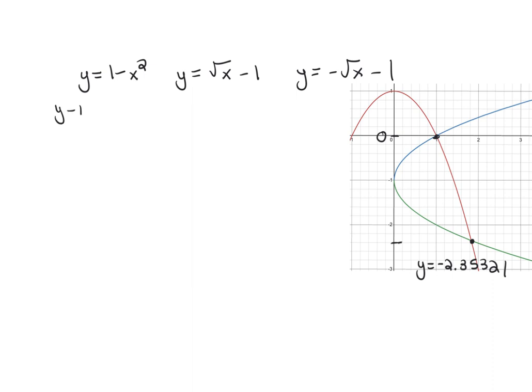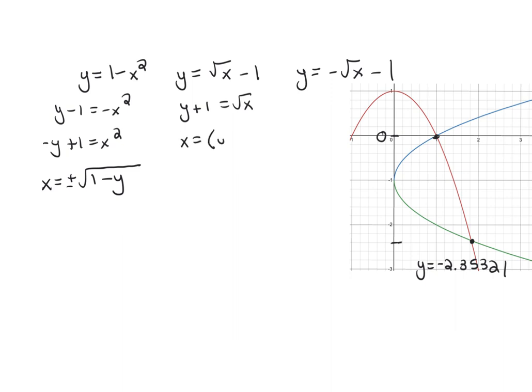Okay, so now let's go solve these for x. So y minus 1 equals negative x squared. Negative y plus 1 equals x squared. So x equals plus or minus the square root of 1 minus y. All right, and then this one, y plus 1 equals the square root of x. Square both sides.